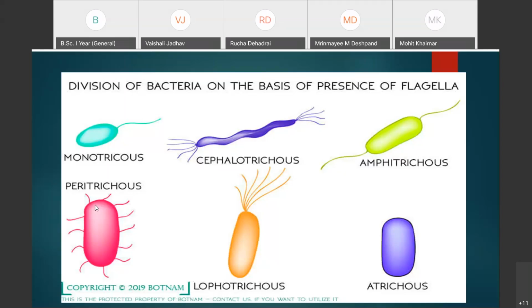The movement of the bacteria is brought about in a clockwise or anti-clockwise manner. That is all about the flagella.